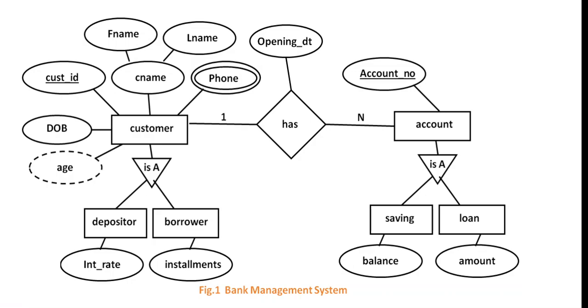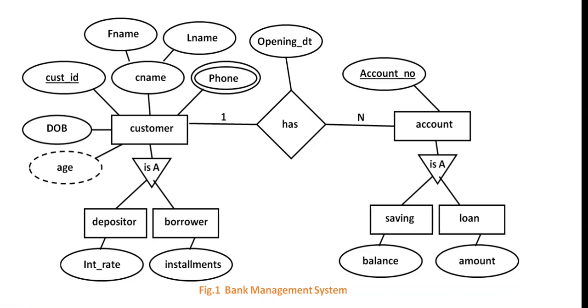So this is a specialization for the account entity. And saving and loan, these two subclasses, these two lower level entities, share one common attribute, that is account number. Account number for saving, account number for loan account. So this is how you can show specialization in an enhanced entity relationship diagram.